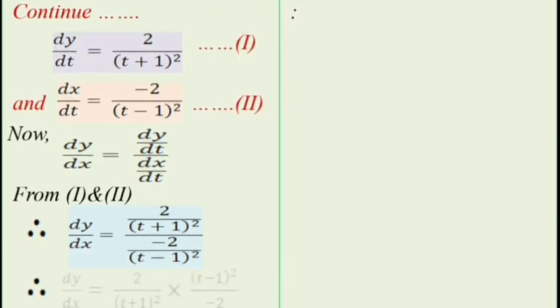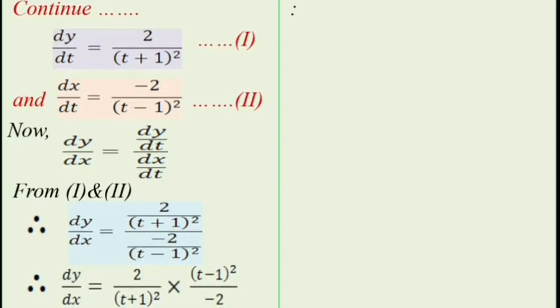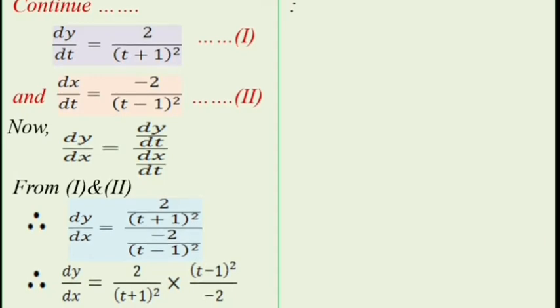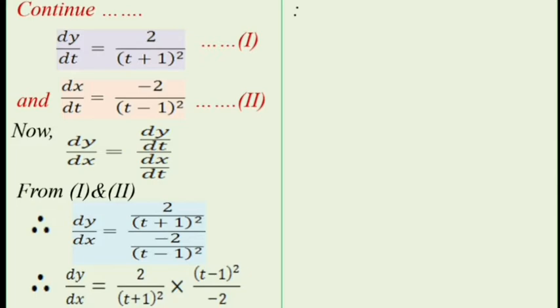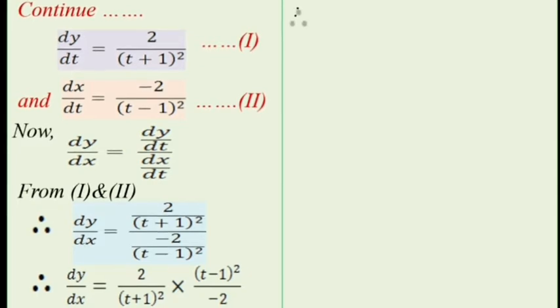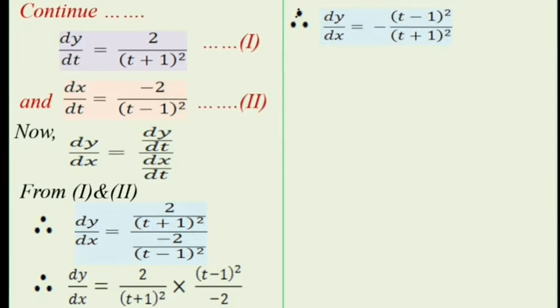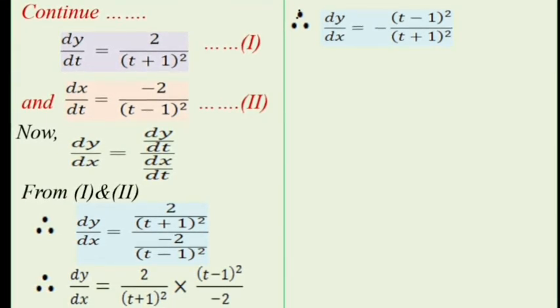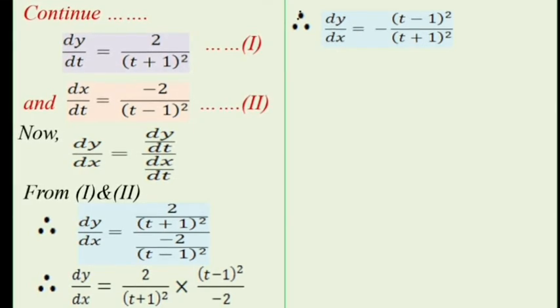Therefore we get dy/dx equals 2 upon (t + 1) whole square into (t − 1) whole square upon minus 2. Here 2 and 2 cancel, only remaining is dy/dx equals minus (t − 1) whole square upon (t + 1) whole square. Okay, that is our dy/dx.